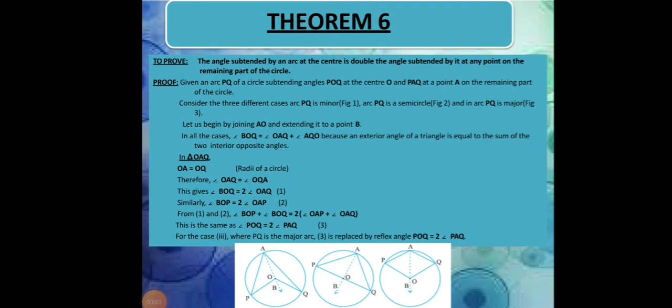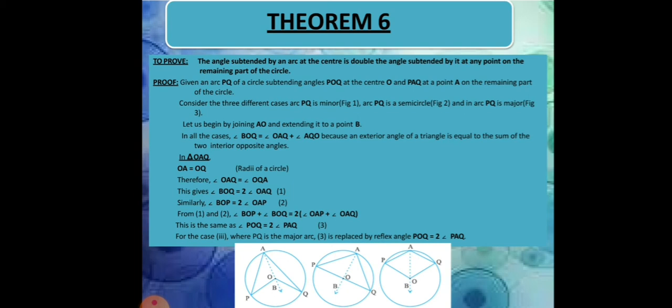Theorem 6. This is a very important theorem. The angle subtended by an arc at the center is double the angle subtended by it at any point on the remaining part of the circle. This theorem is also called the degree measure theorem. Let's start the proof.